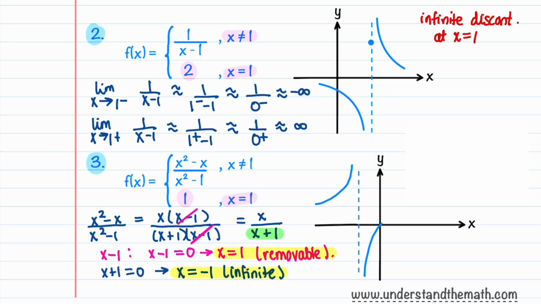It does pass through the origin, and it's going to go over like this. And then at x is equal to 1, it's defined to be 1, so we're going to put a closed circle there. And we're going to put an open circle right there. So you can see from the graph, we have an infinite discontinuity at x is equal to minus 1 and a removable discontinuity at x is equal to 1.